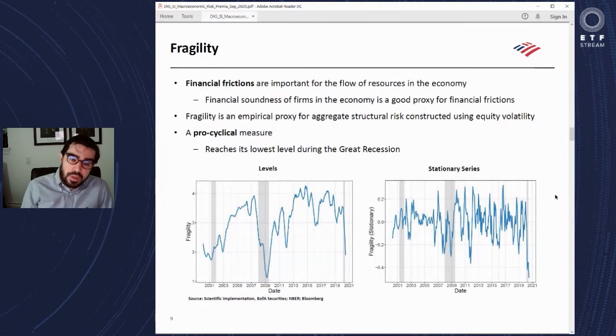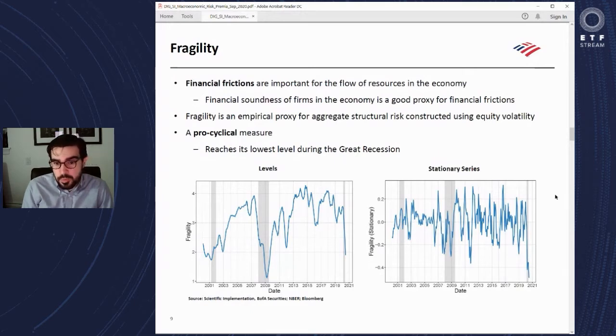Now, I would like to focus a little bit on a set of variables that are constructed using information that's coming out of the market. The first one we call fragility, and what we're trying to do is capture financial frictions that are related to the financial soundness of firms, and this financial soundness of firms can be thought of as a proxy for aggregate distance to default.